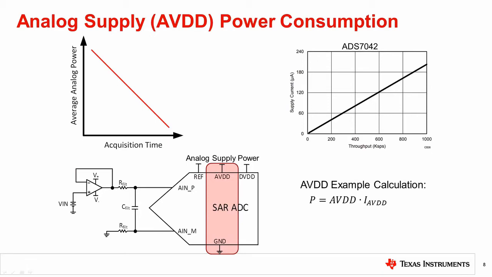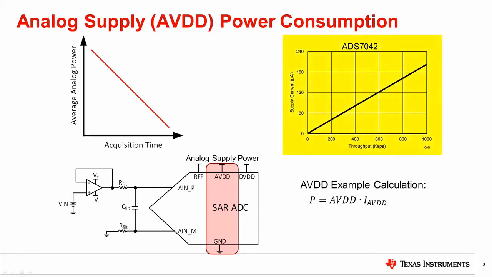First, we will look at the analog supply power consumption. The analog supply is used for the internal conversion circuitry of the SAR ADC. The average power consumption for the analog supply will increase as the sampling rate increases. This is due to the fact that as sampling rate increases, the acquisition time decreases, which results in more frequent conversion phases.